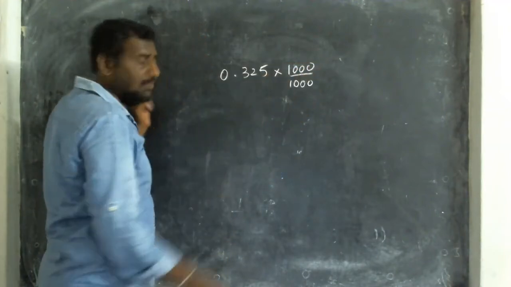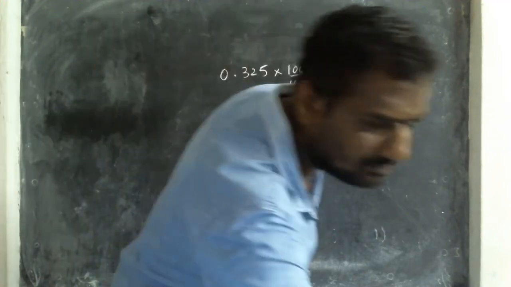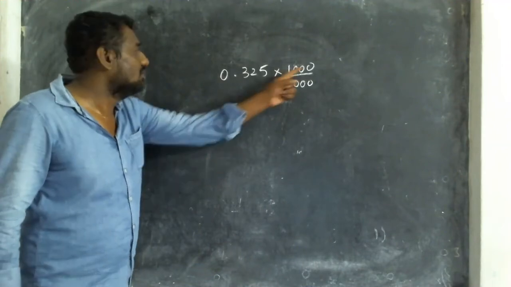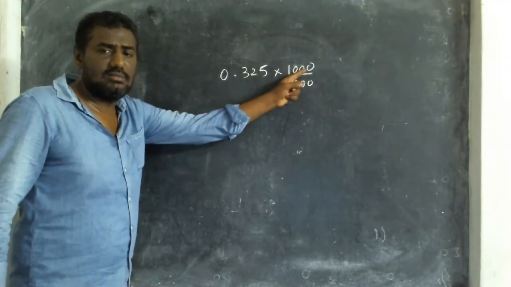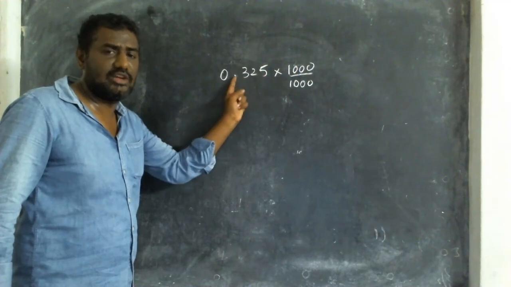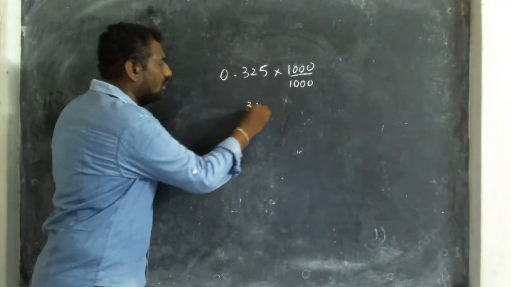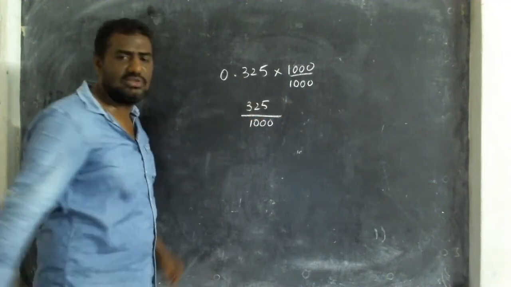When you multiply, we can remove the decimal. Why can we remove the decimal? Because there are 3 zeros and 3 numbers after the decimal, we can remove the decimal and write it as 325 by 1000.